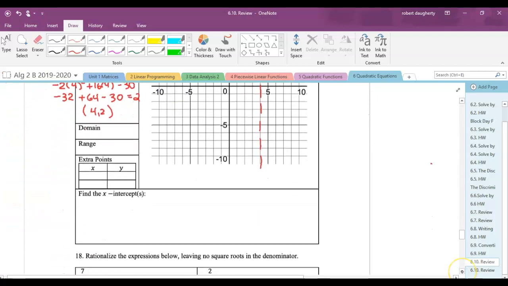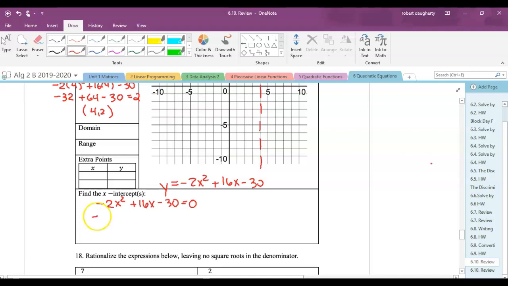So to find the x-intercepts, remember you've got y is equal to negative 2x squared plus 16x minus 30. So what I need to do is set that equal to 0. So let's do that. Negative 2x squared plus 16x minus 30 equals 0.